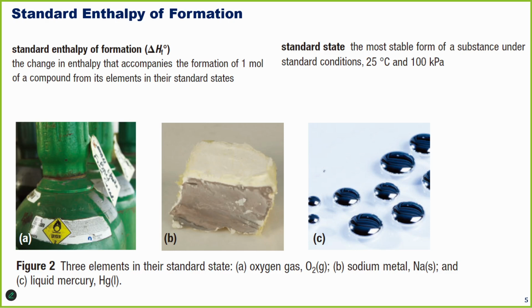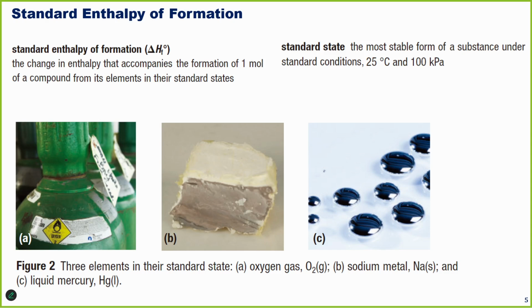Figure 2 here shows oxygen, sodium, and mercury, each in their standard state. Most elements are solids in their standard state. However, the standard state of the noble gases, as well as of the diatomic elements hydrogen, oxygen, nitrogen, fluorine, and chlorine, is the gas state.